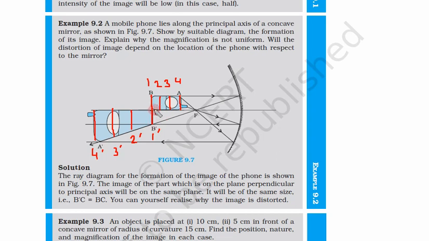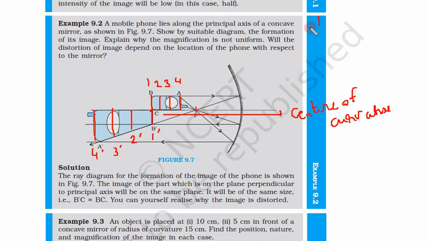So as we can see, this is the focus point, and this C point is the center of curvature. Now let us see the formula. What was the formula?